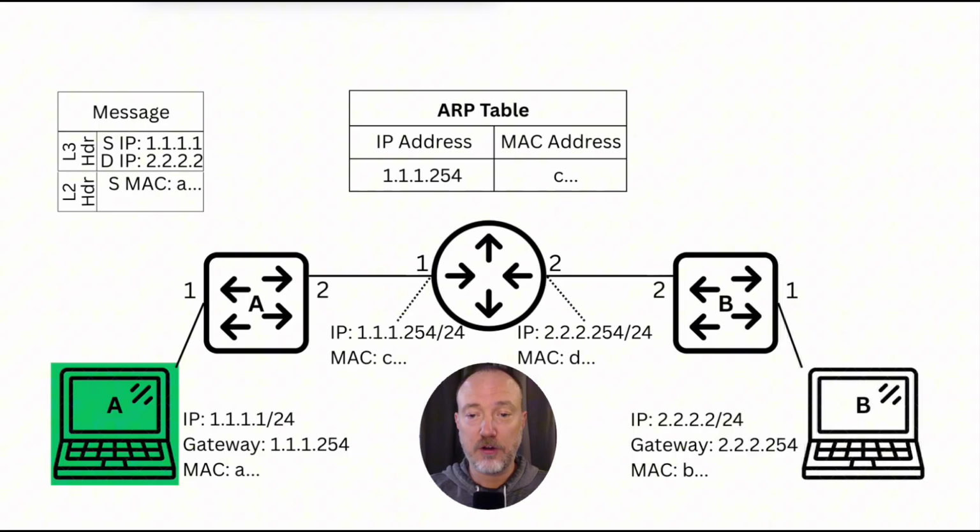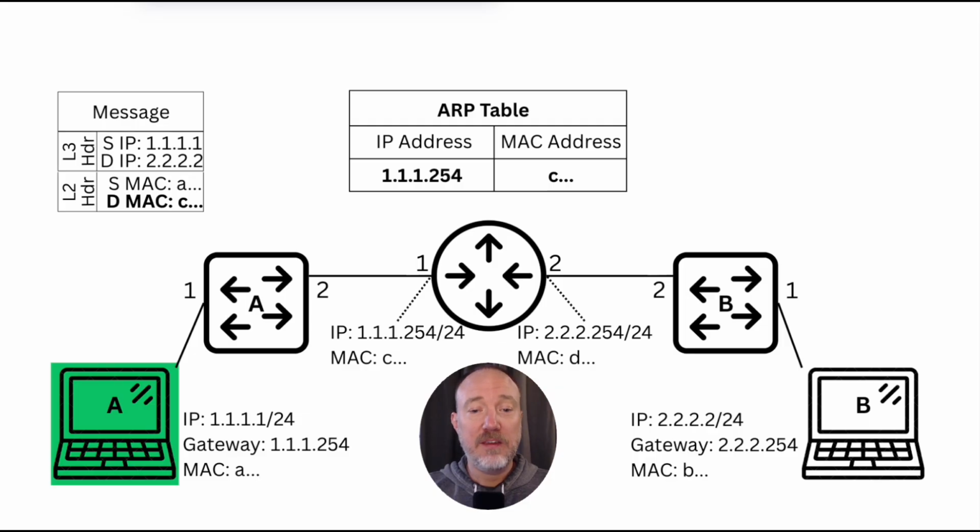Those 2 addresses are the same interface. So what PCA needs to know is the MAC address of my default gateway, so that I can send traffic at layer 2 to my default gateway, so that the default gateway can forward that traffic at layer 3 to its destination.